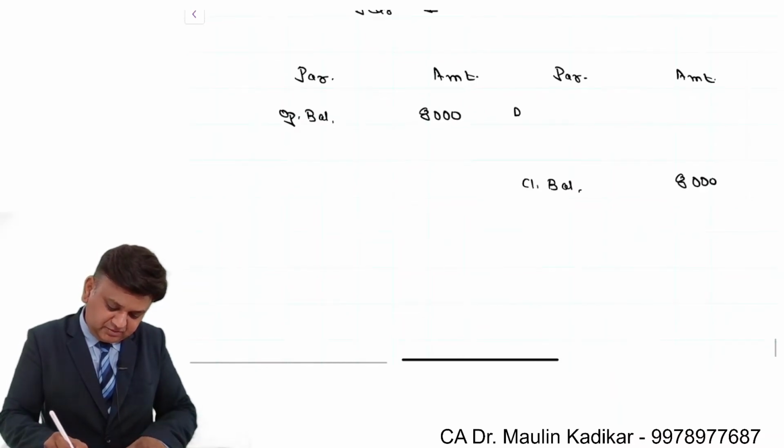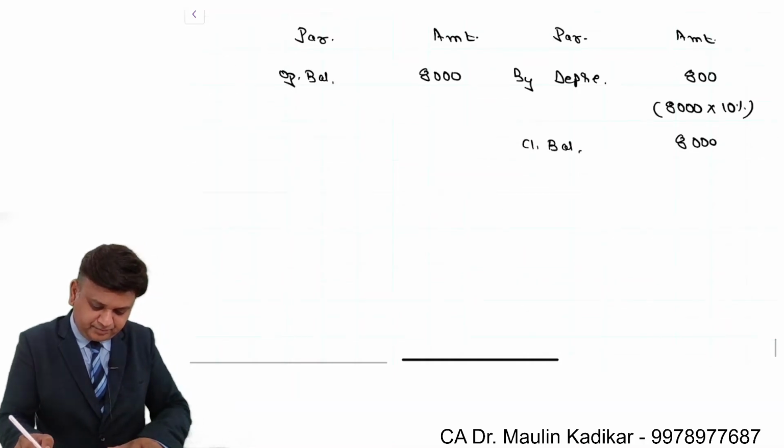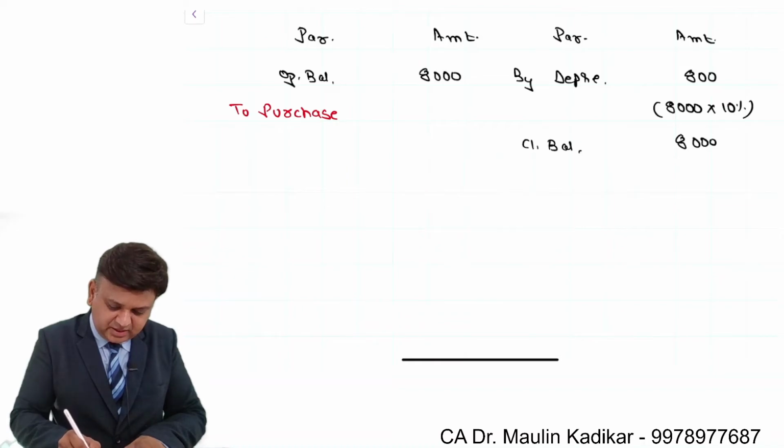By depreciation, it is 800. It is 8,000 into 10%. So balancing figure on the debit side would be purchase. That is 800. That is found as balancing figure.